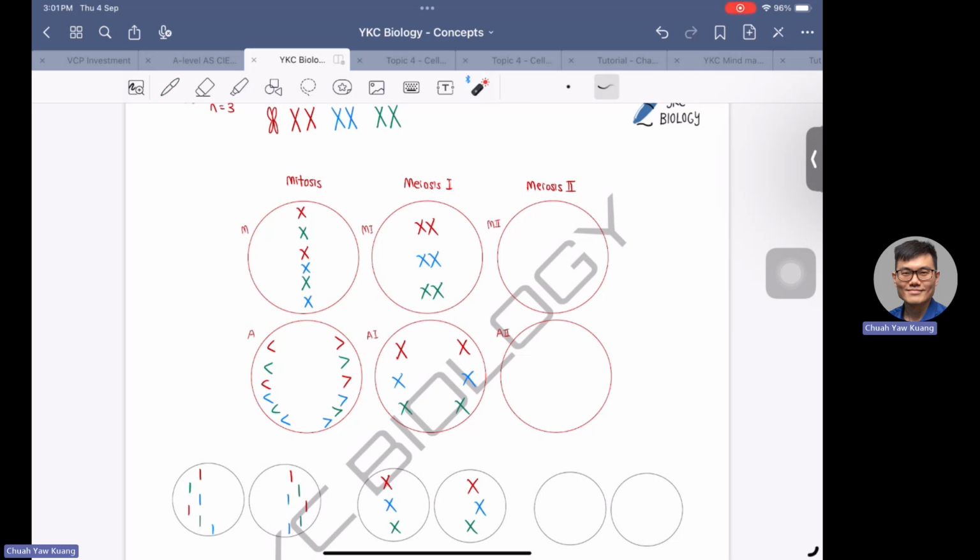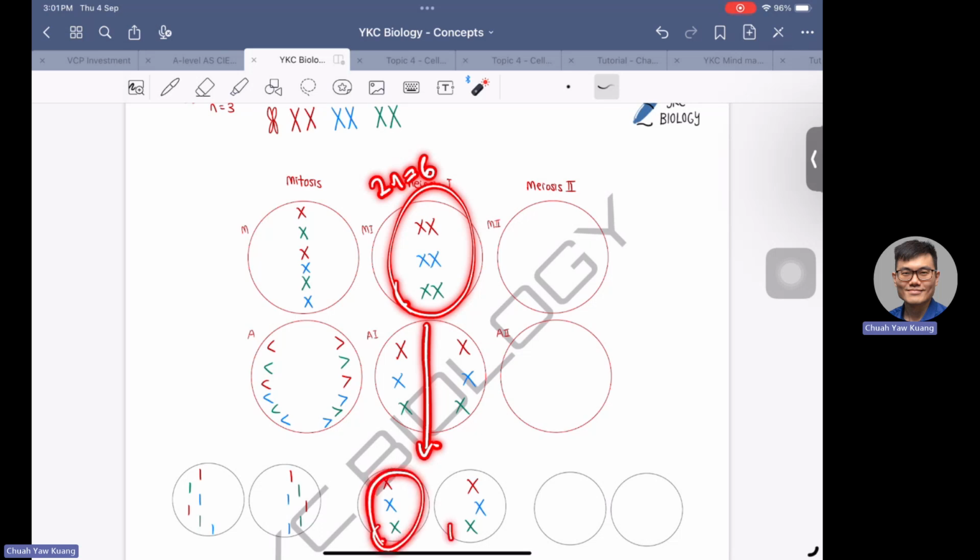From here, we can see that at the beginning, the cell has 2n equals 6. That is the parent cell. So the parent cell is diploid, but after meiosis 1, the 2 daughter cells will now only have 3 chromosomes. That is half of the number of chromosomes of the parent.